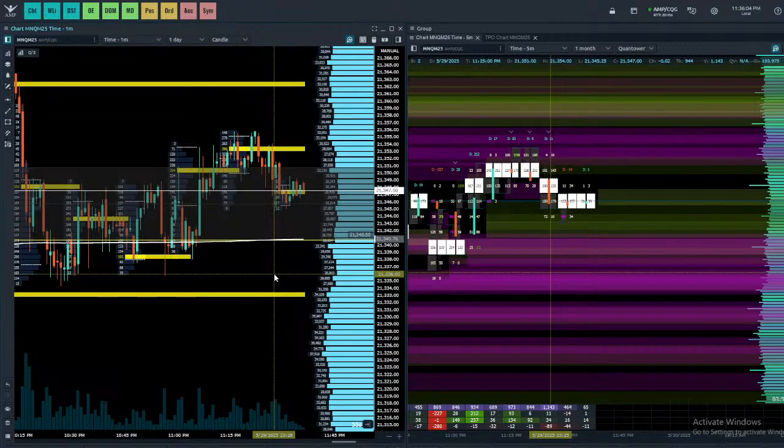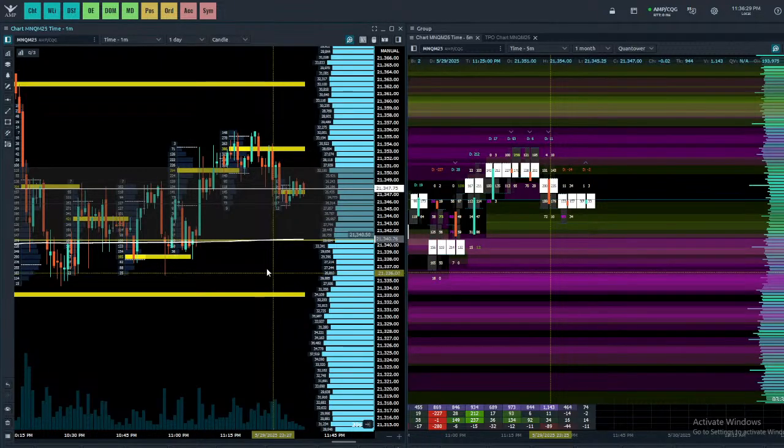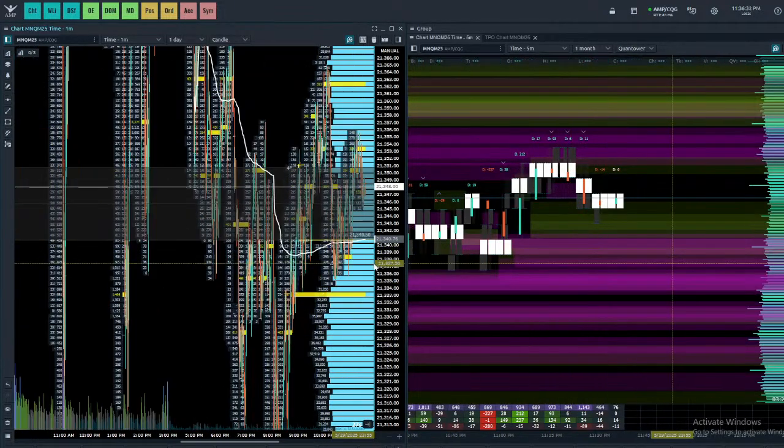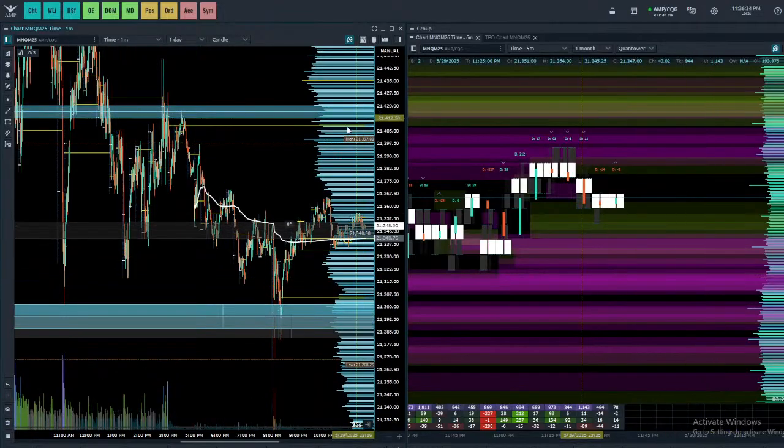I've never heard of PDH and PDL. I heard of a PDF. PDH, previous day high. I don't ever look at previous day high low. I just look at the little high and low that the chart already maps out for you, like today's high and low.